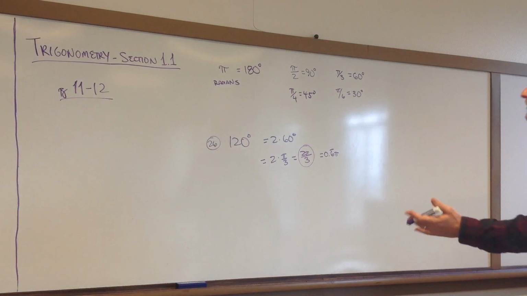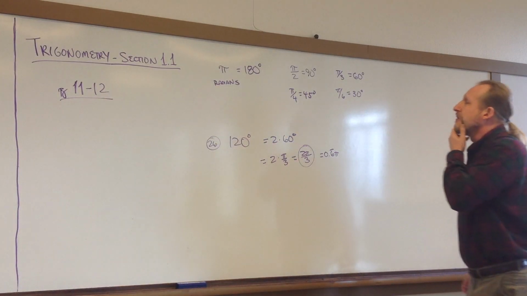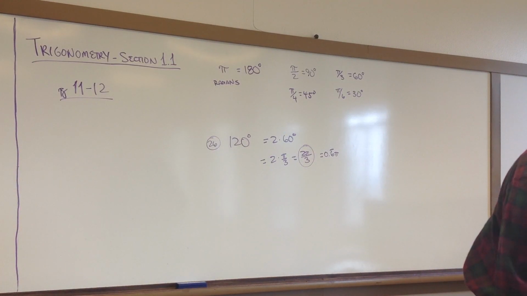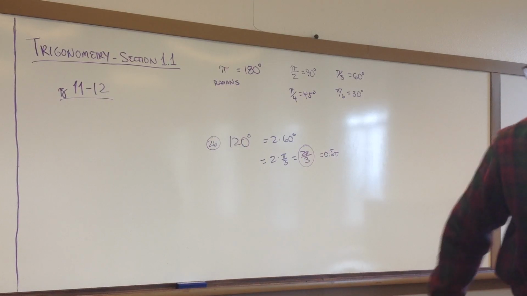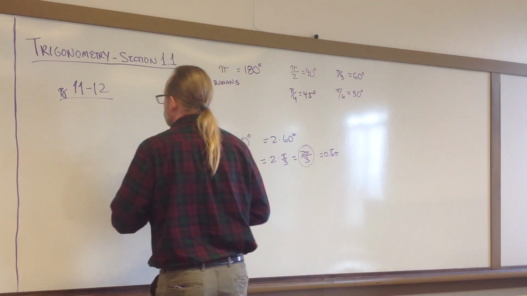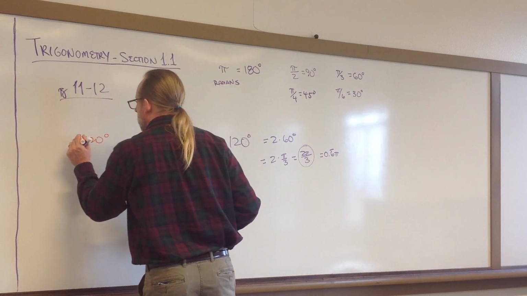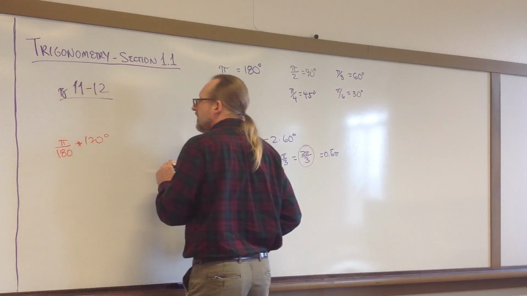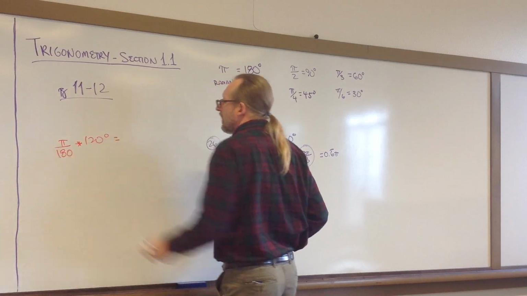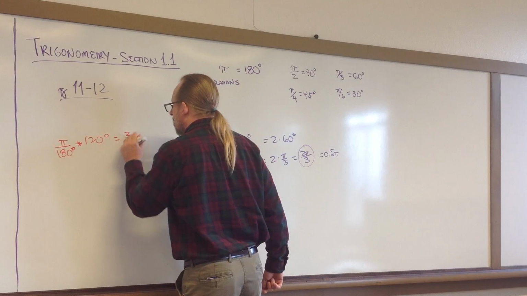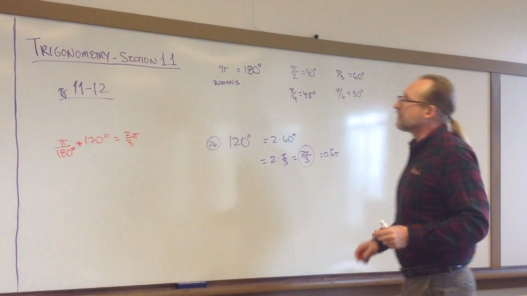Oh, another way to do this problem is, in the textbook, I talk about this method for converting from degrees into radians, which is to multiply the degrees, which are 120, by pi over 180, and you can see the 120 over 180 reduces to 2/3, and there's our 2 pi over 3.